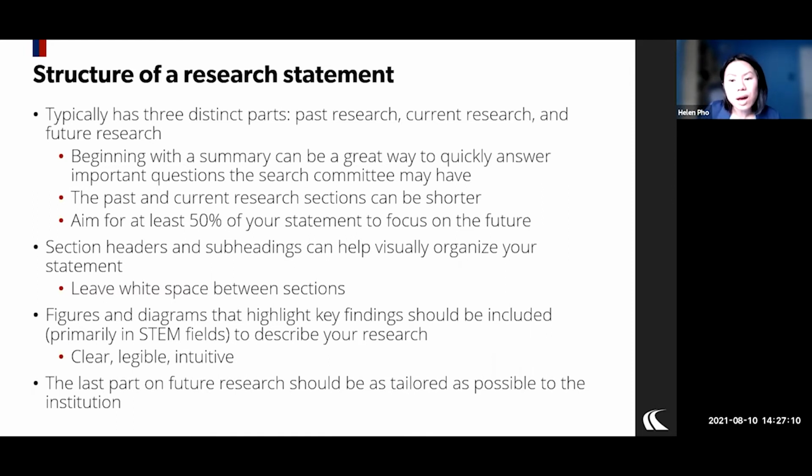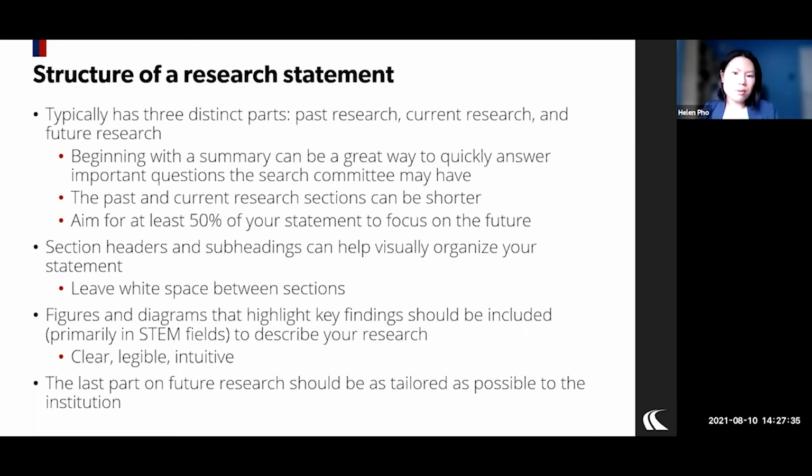For a lot of students, and I would say particularly students in the humanities, maybe in the social sciences, a lot of your past and current research is basically your dissertation. That's what you're working on. The future research, particularly in some book fields, is a book. It's usually that second book project.